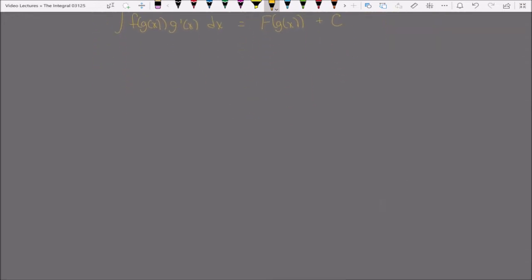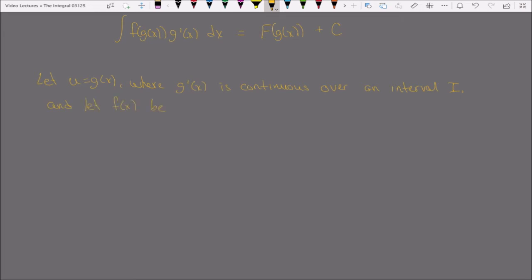So the change of variable would be let u equal g of x, where g prime of x is continuous over an interval, let's say I, and let little f of x be continuous over the corresponding range of g.